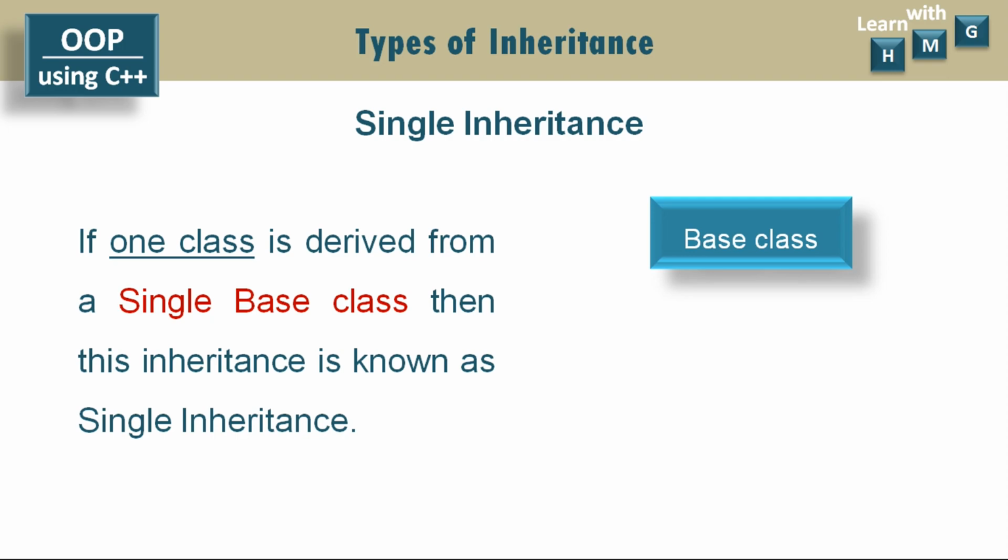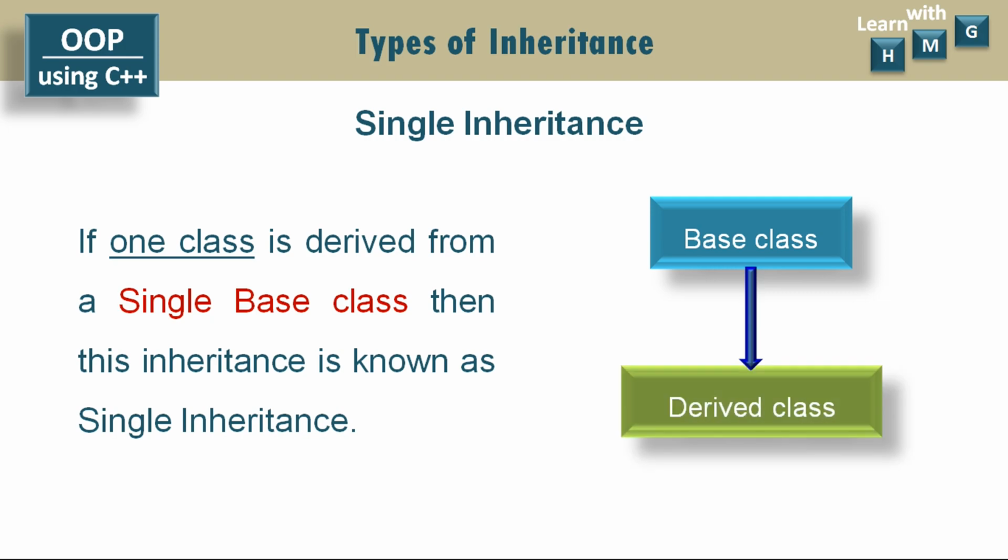You can easily understand this with the help of the diagram. Let us say this is the base class, and from this base class the new class, that is the derived class, is inherited.